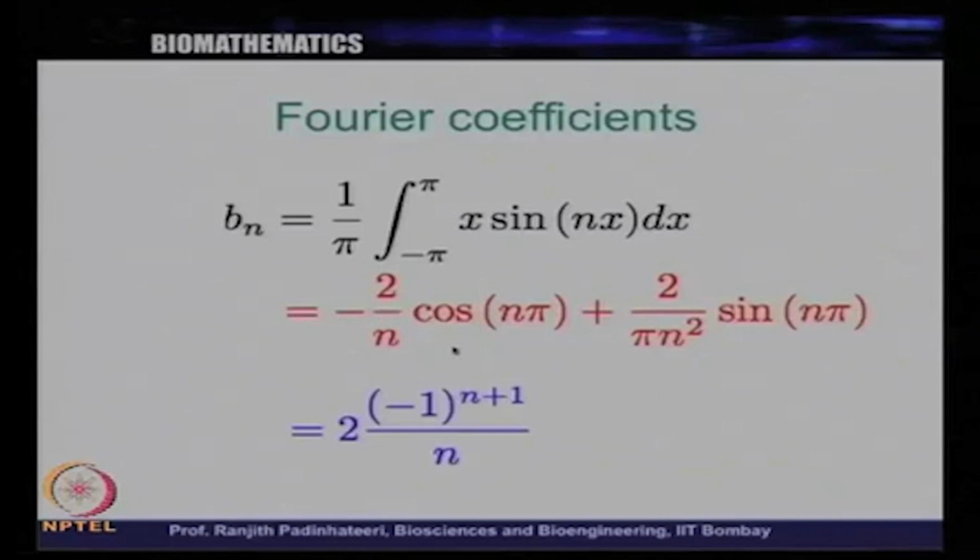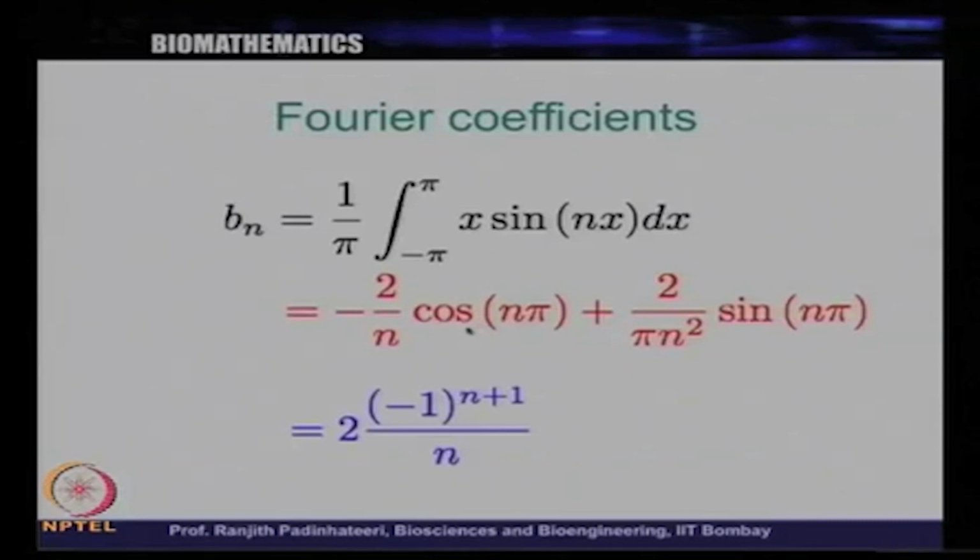Now, this is for n from 1 onwards only, because that is the definition of b_n, n starts from 1. So, this can be written as minus 1 whole power n plus 1 by n.